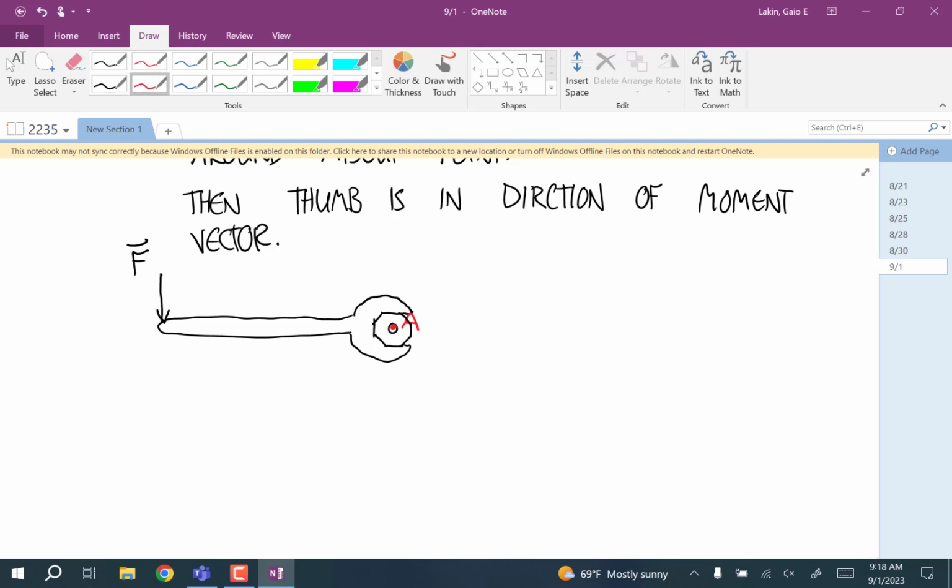If you don't worry about any other forces except F, that would tend to make this rotate. So think about this, the hinge where this can rotate is the about point A. Is this force F going to make it rotate clockwise or counterclockwise? Counterclockwise, yep. So let's see, I'm going to try to draw this.